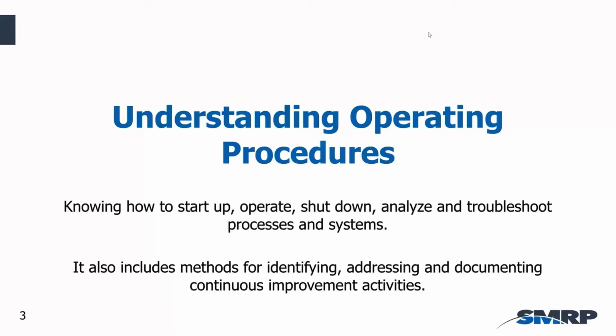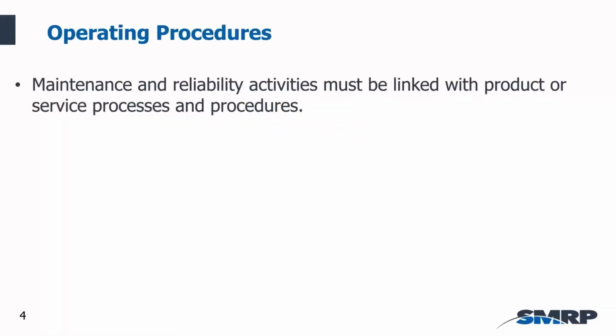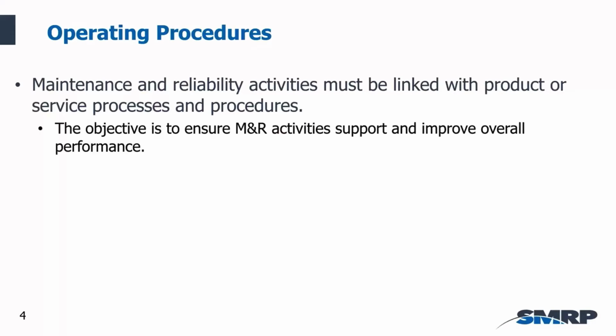Knowing how to start up, operate, and shut down, how to analyze and troubleshoot processes and systems. It also includes the methods for identifying, addressing, and documenting continuous improvement activities. So, operating procedures. In maintenance and reliability, our activities must be linked with product or service processes and procedures.